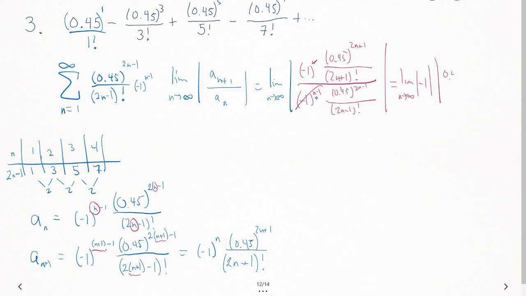So you get 0.45 to the 2n plus 1 all over 0.45 to the 2n minus 1. And then last but certainly not least, another absolute value. We have the 2n minus 1 factorial goes up top, and the 2n plus 1 factorial goes down below.